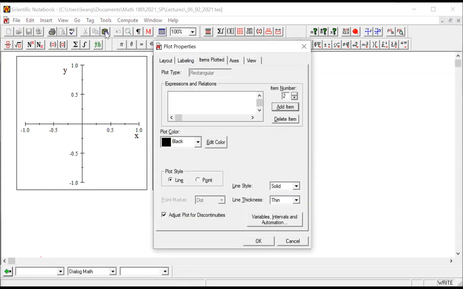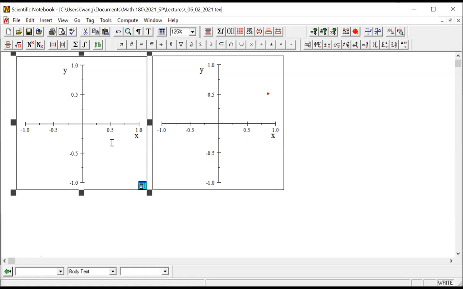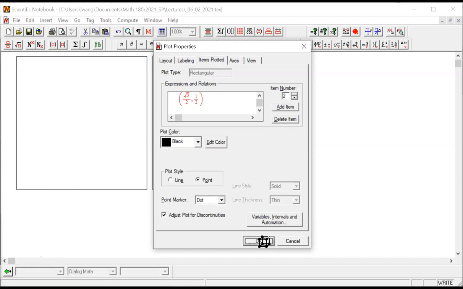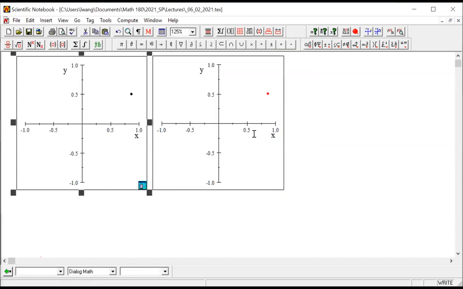Oh, I didn't add it. Right, so that dot is the same dot. It's really the same dot.